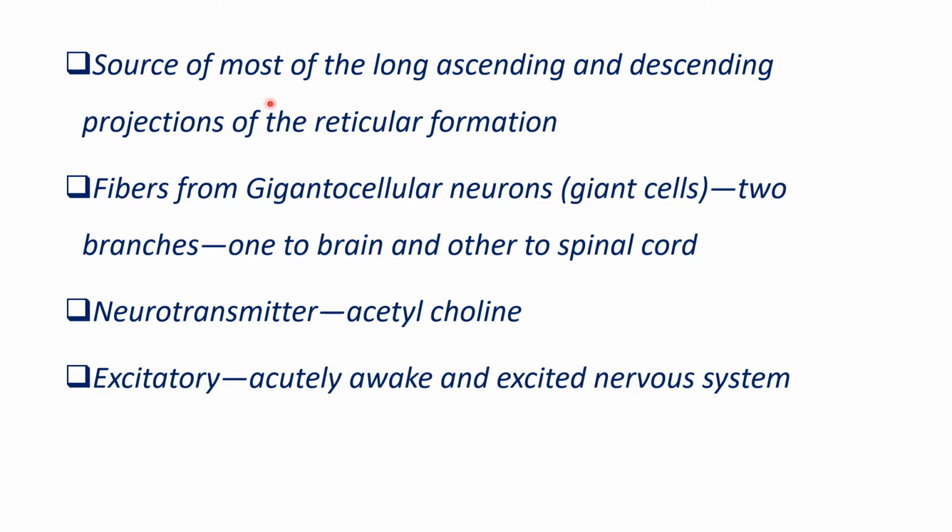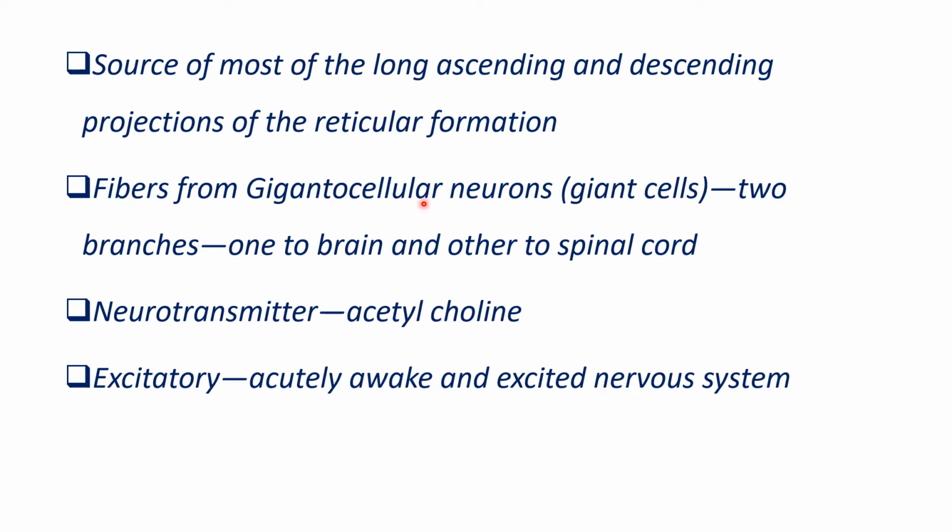These medial nuclei, or the gigantocellular neurons, collectively I'm talking, are the source of most of the long ascending and descending projections of the reticular formation. That is, they form mostly the efferent tracts of the reticular formation. Most of, not all.